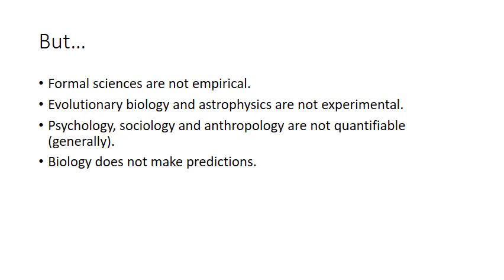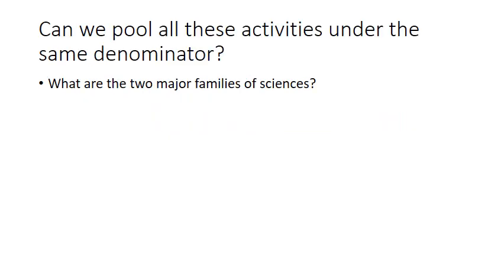Formal sciences are not empirical. Evolutionary biology and astrophysics are not experimental. Psychology, sociology, and anthropology are not quantifiable, and generally biology doesn't make predictions. So can we pool all of these activities under the same denominator?